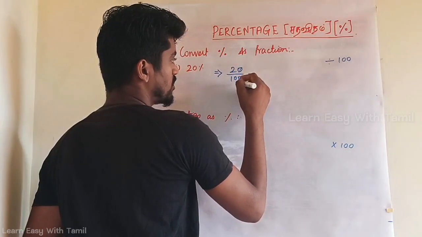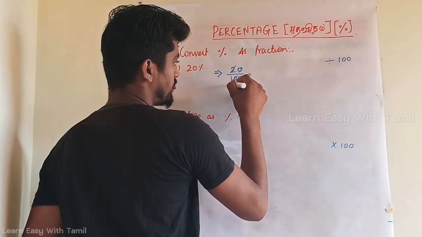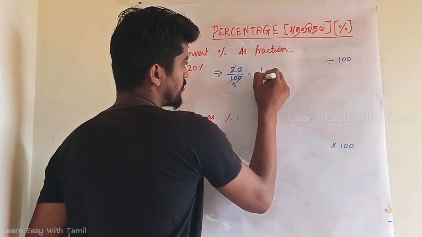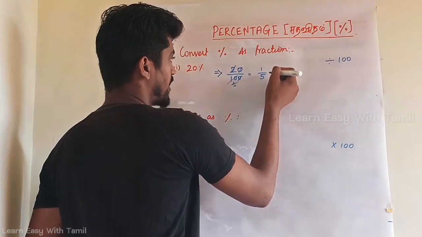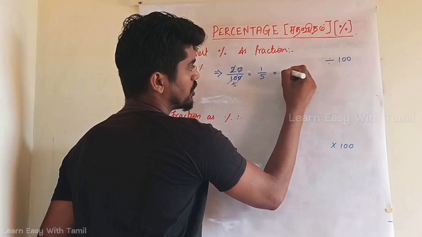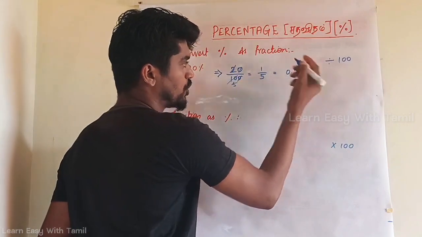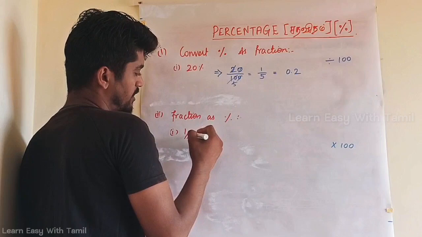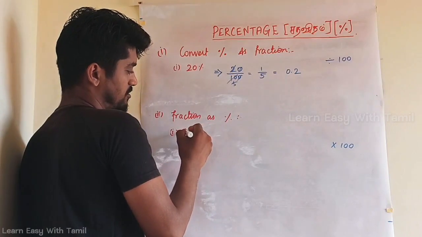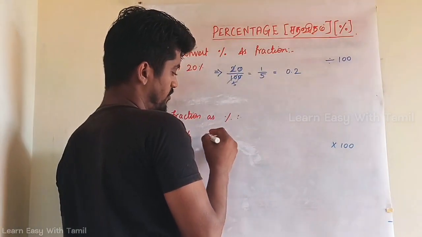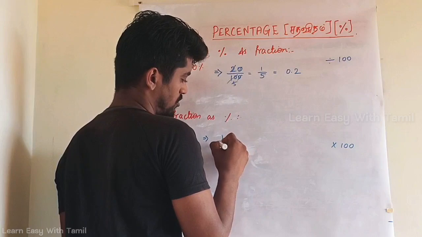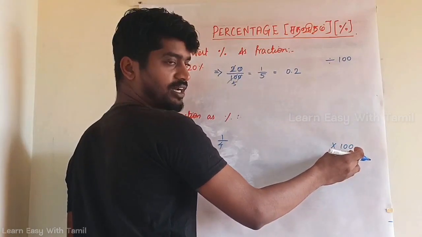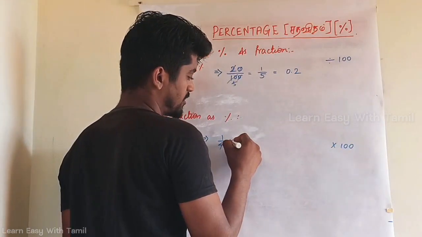So 0 and 0 get cancelled, 2 ones are 2 and 5 twos are 10, so the fraction value is 1 by 5, which is equal to 0.2. From the second method, convert the fraction value 1 by 4. In this method we have to multiply by 100.